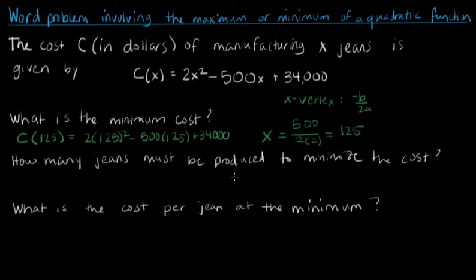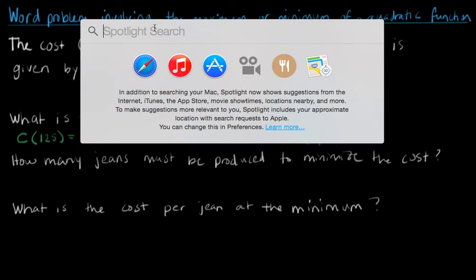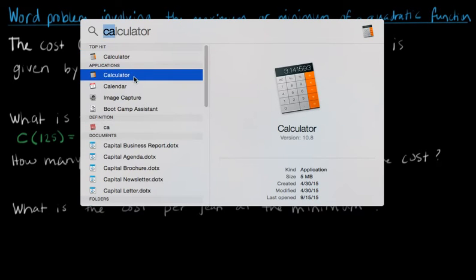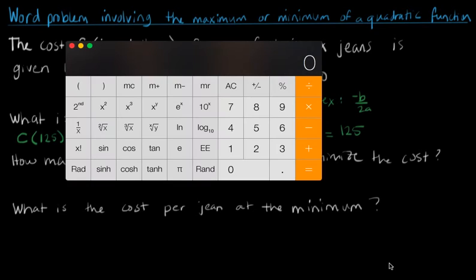And that should work out to 125 squared times 2.